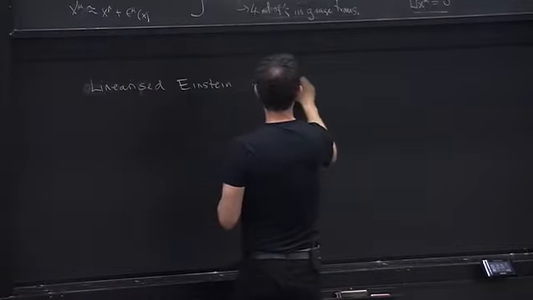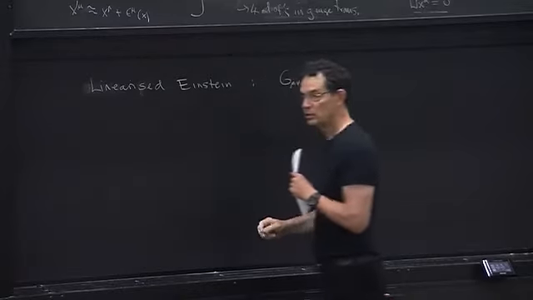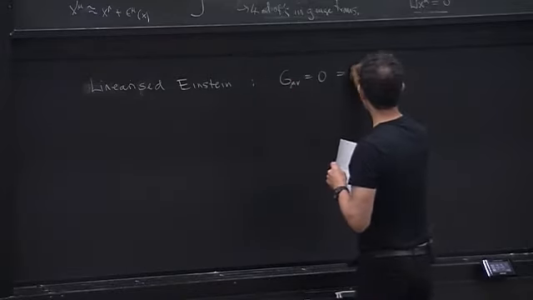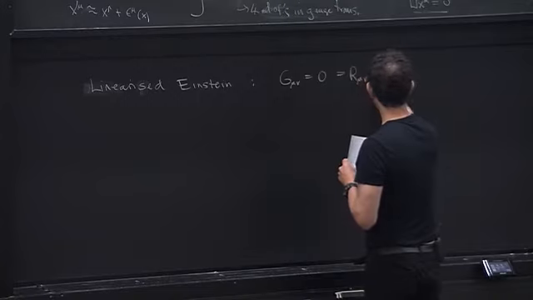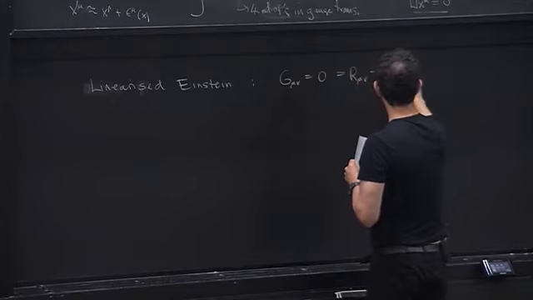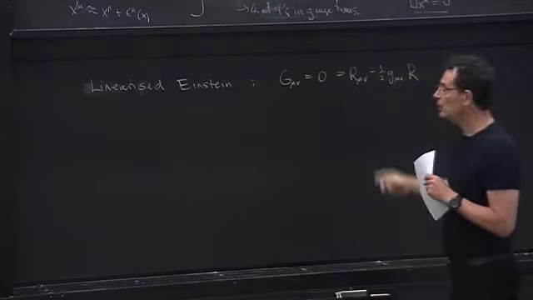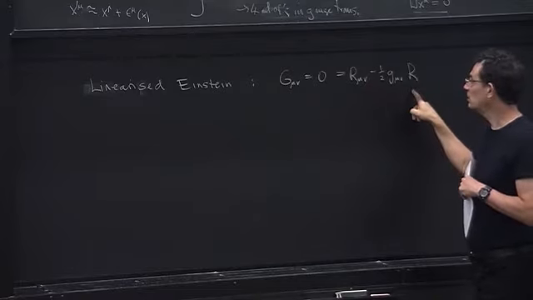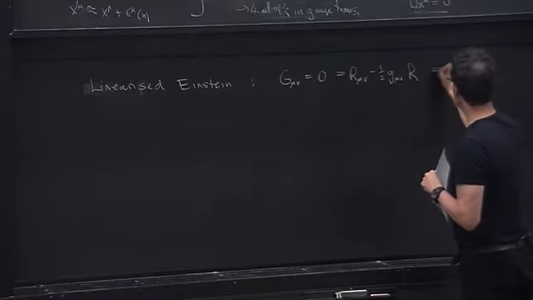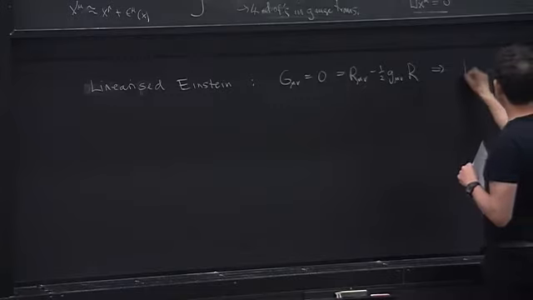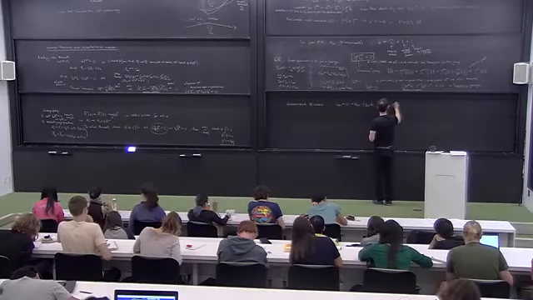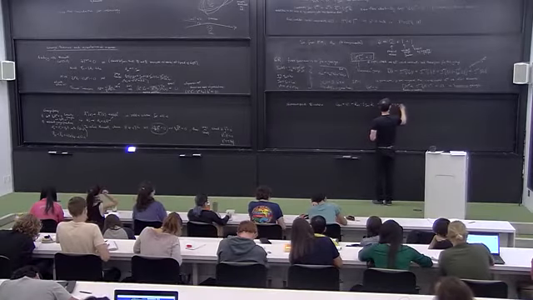So we start from G mu nu equals 0. Of course, G mu nu is nothing but R mu nu minus 1/2 g mu nu R. But if this is 0, then you can see immediately that R mu nu is 1/2 g mu nu R.